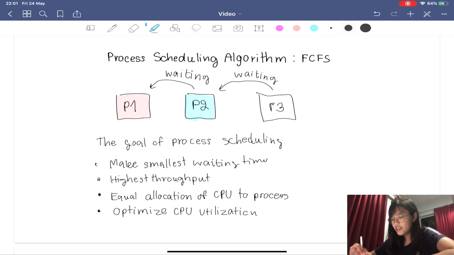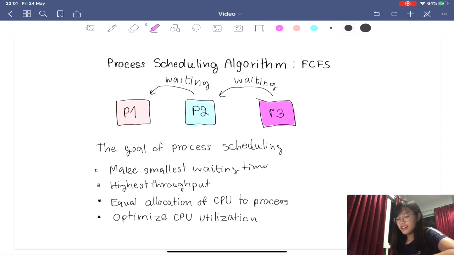And next, P3. After P2 finishes its instructions, P3 arrives, and the computer can execute the instructions of P3.